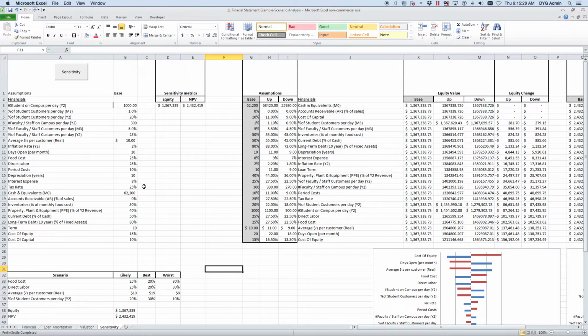All right, and then the best case, we would just go in and say put in 20%, 20%, $15, and 30%. Guess it would help. You can just highlight the ones that you're going to make the changes to, so it makes it easier to find them. Right, and grab your values.